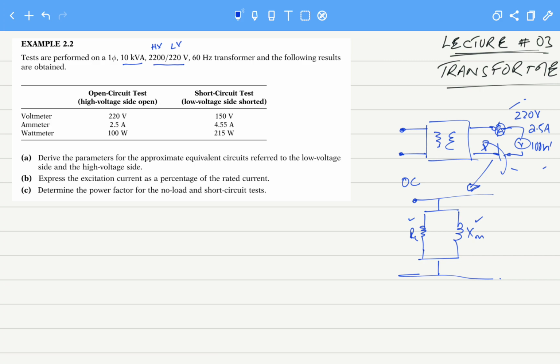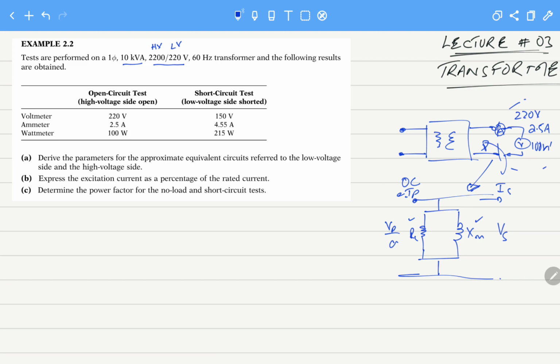So these parameters are similar to the parameters reflected to the secondary side, and when they are reflected to the low voltage side, this is how it looks.